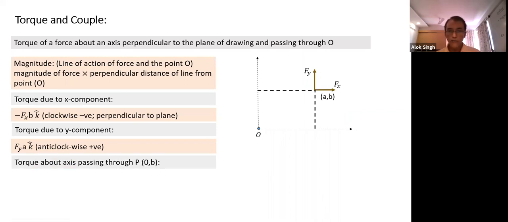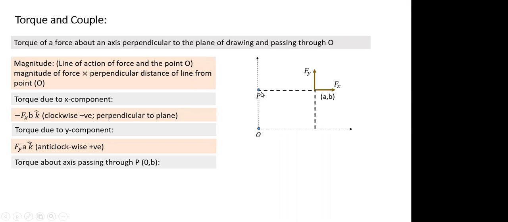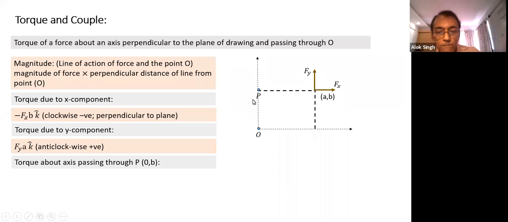What if I give a new point? I'd say now don't calculate torque about O, calculate torque about point P. Can you all calculate torque about point P? Yes, sir. Gayatri, can you calculate torque about point P? What is the torque due to X component?